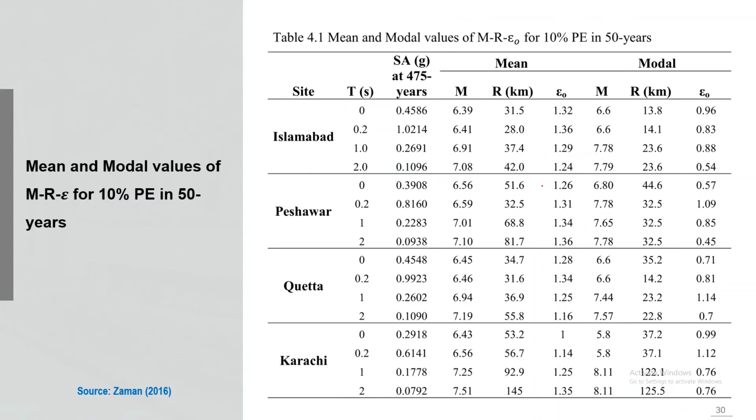So here are some tabular values for the same seismic de-aggregation analysis. In this particular study, for different cities of Pakistan, the mean and modal MR scenarios are identified for PGA values as well as for spectral acceleration at 0.2 second, 1 second and 2 second.